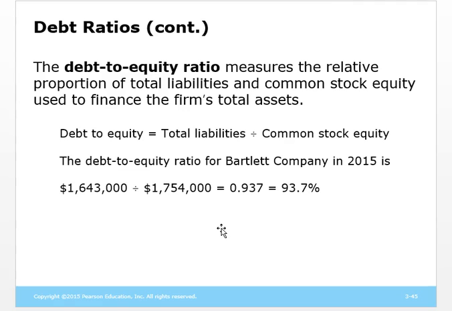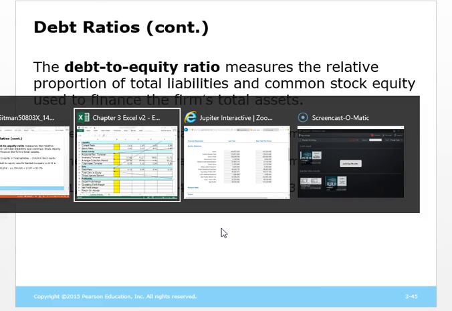So here, total liabilities divided by total equity. And equity is also known as book value. Book value and equity, again, remember I told you we name things twice to keep things confusing.